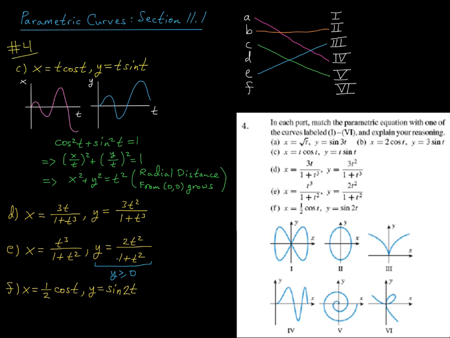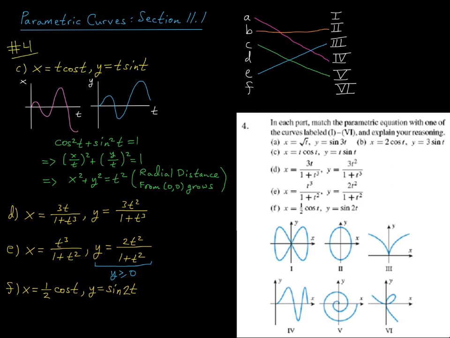So that says that y is greater than or equal to 0 for all t. Now, just like what we saw in A, this condition implies that the corresponding curve in the xy plane lives on or above the x-axis. And looking through this list, curve 3 is the only curve that satisfies that condition. We are on and above the x-axis, and so y is greater than or equal to 0. So E must correspond to curve 3.